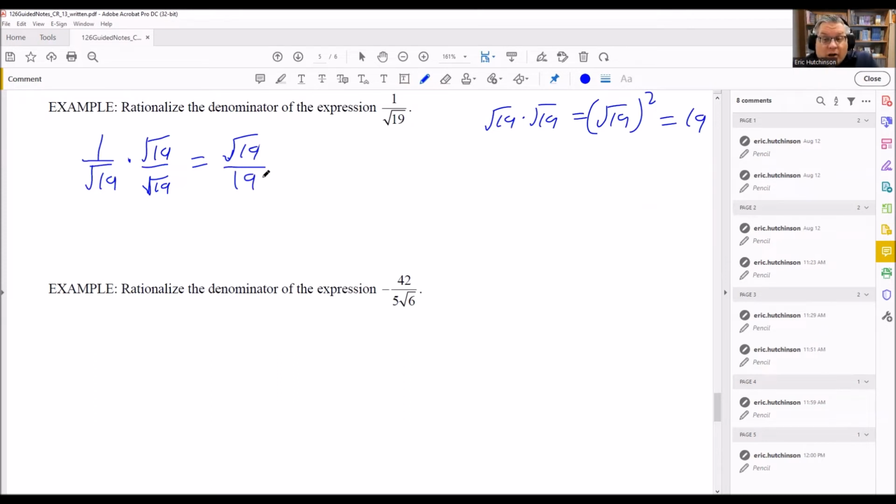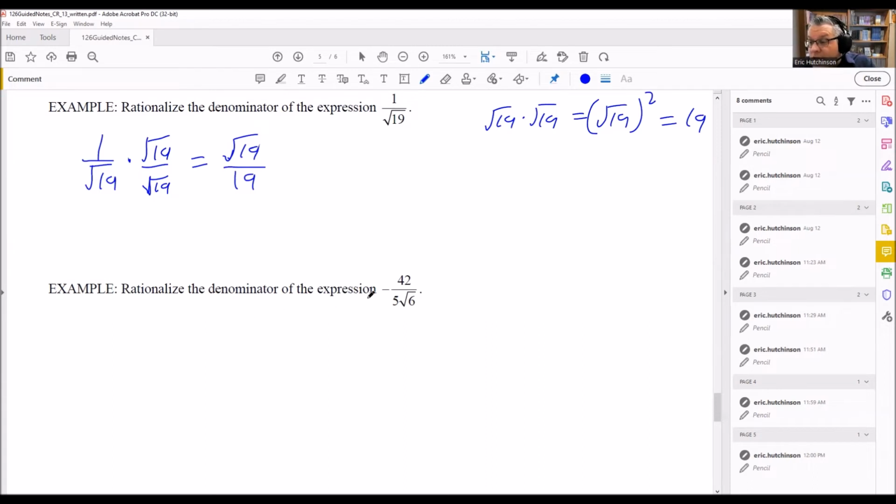Of course, now it doesn't matter because we have technology to take care of all this. But this has been passed down, and that's why we're still talking about it. Mathematics has said that an official way of writing your answer is without a radical on the bottom. So we always try to rationalize denominators if we end up with a radical in the denominator. That's the reason we're going through all this in the first place.